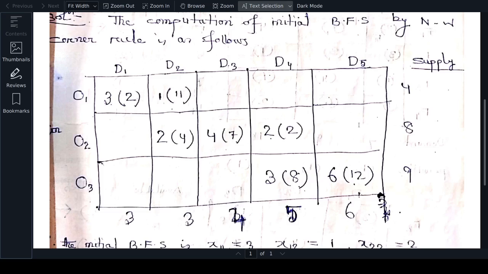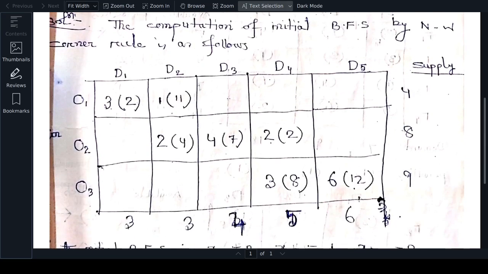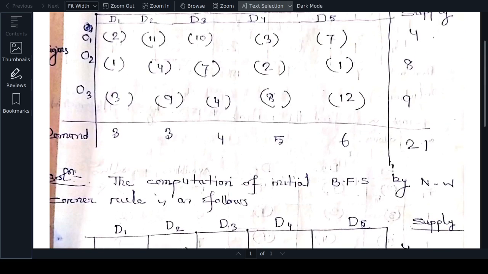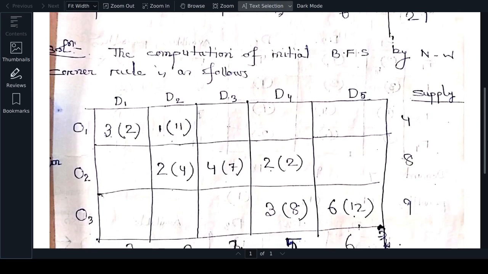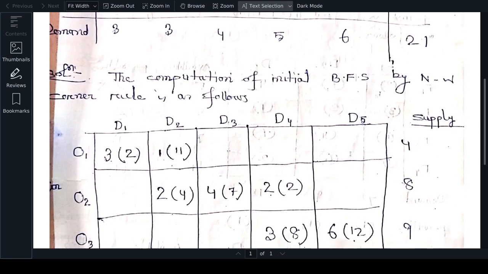Here in cell 1 1, demand is 3 and supply is 4. We give the allocation 3, so 1 remains in supply, so we move to the right hand side.